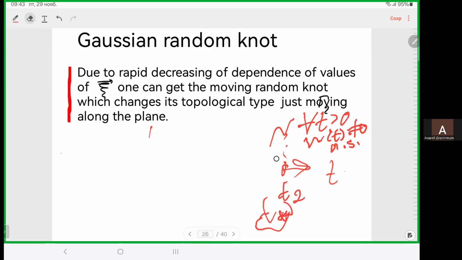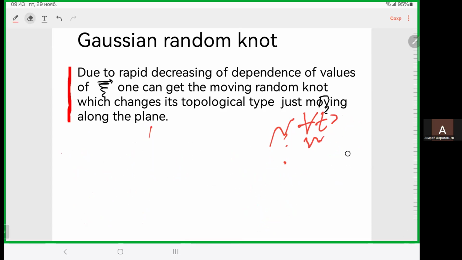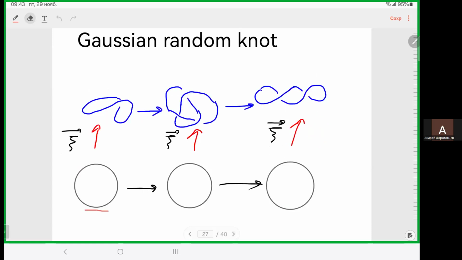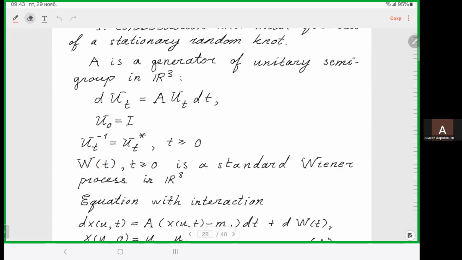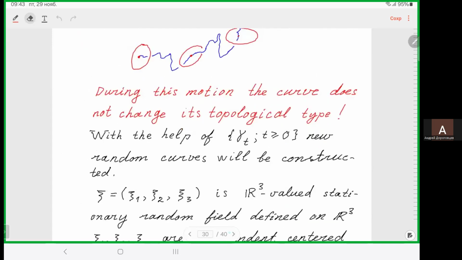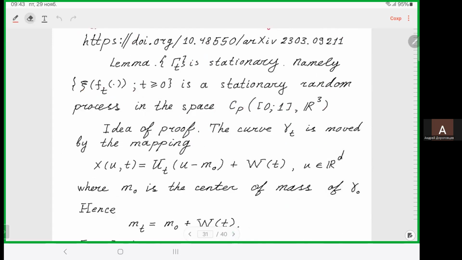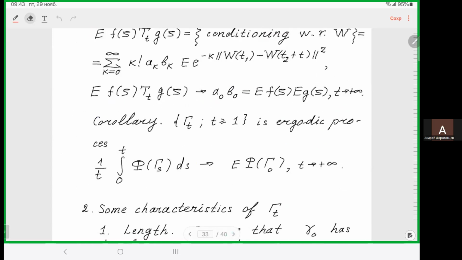Now let's go to the properties. Here is the picture of how it looks during the motion. And now we can go to the properties. We already know that we have the ergodic theorem.